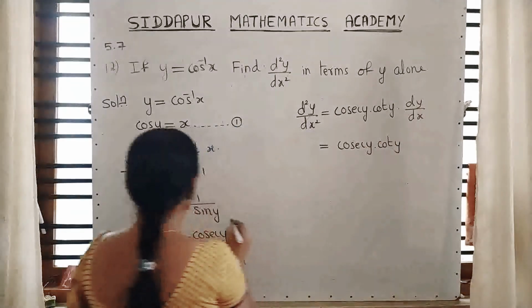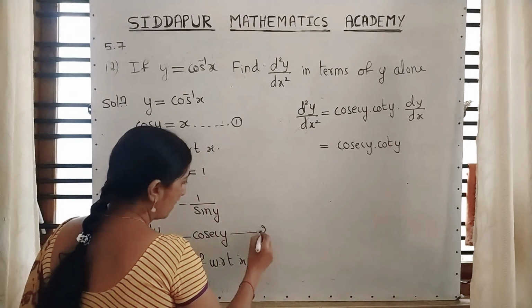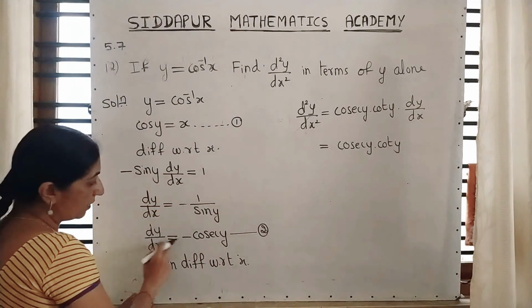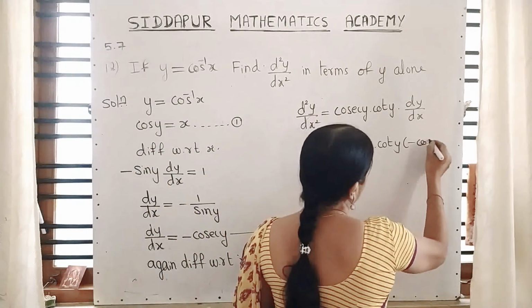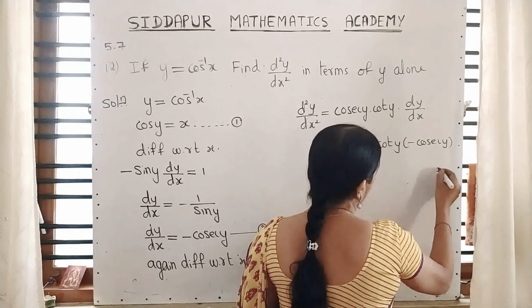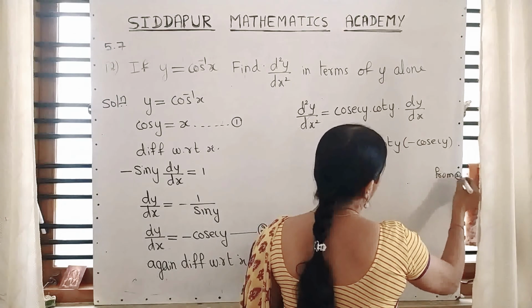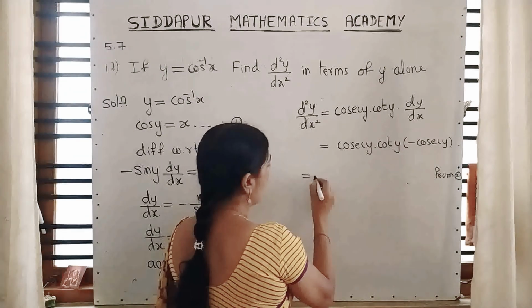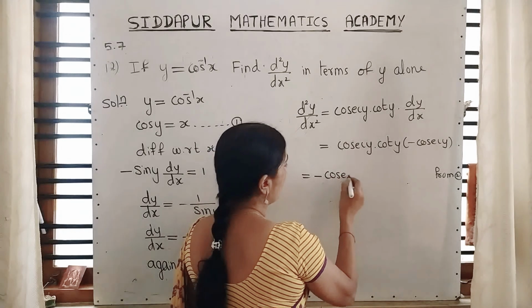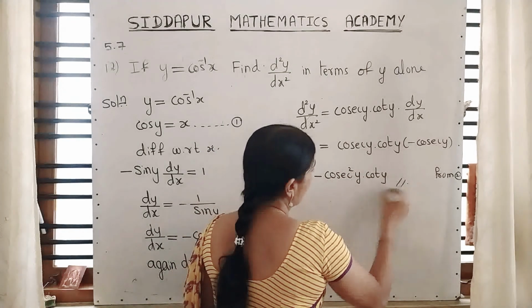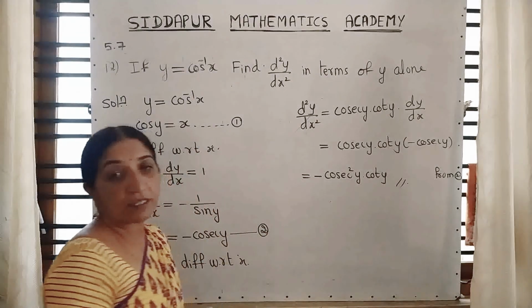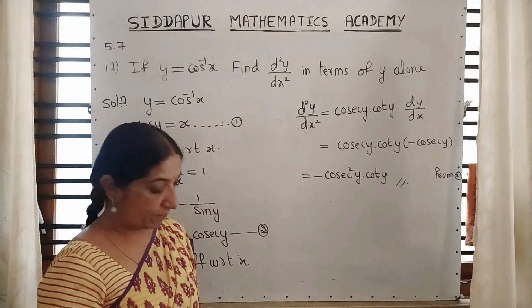What is dy upon dx? dy upon dx is minus cosecant y from equation 2. Now simplify this. Minus cosecant square y into cot y. See, in the answer, everything is expressed in terms of y.